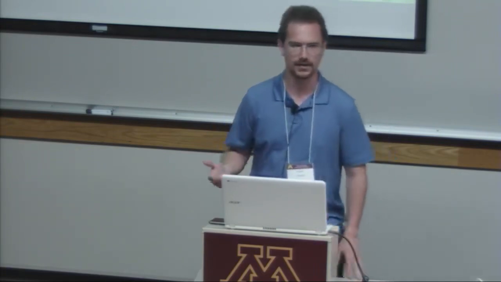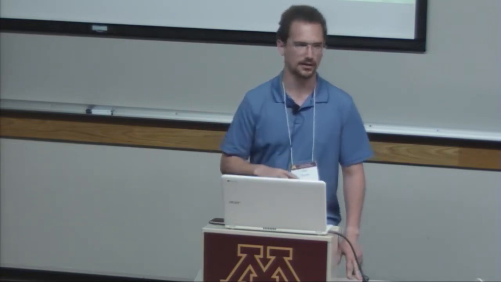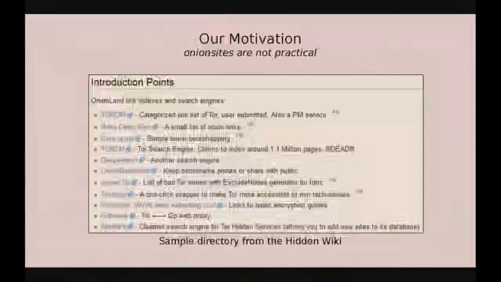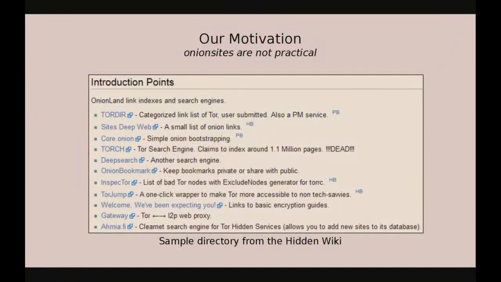I mean, they're a fantastic tool, but I believe that the growth of at least human-facing Onion sites is currently limited by this issue because of the practicality. The workaround over the years has been things like the Hidden Wiki or other central directories. These work. These are basically directories of all the Onion sites, and you can go and find one and click on it.